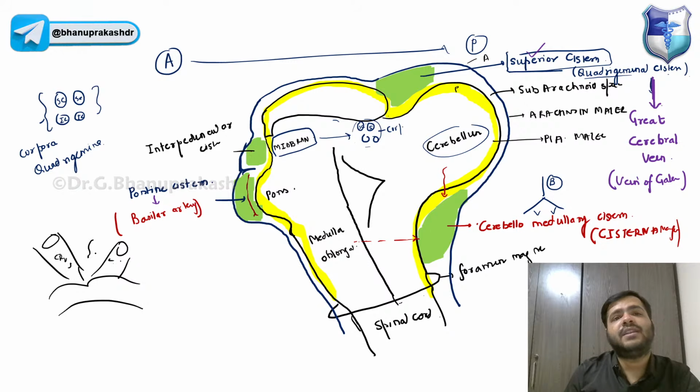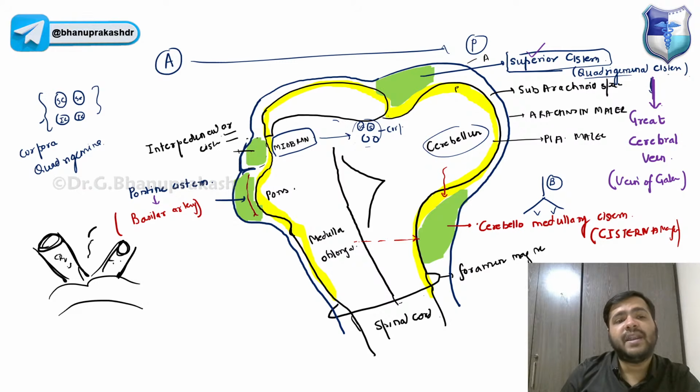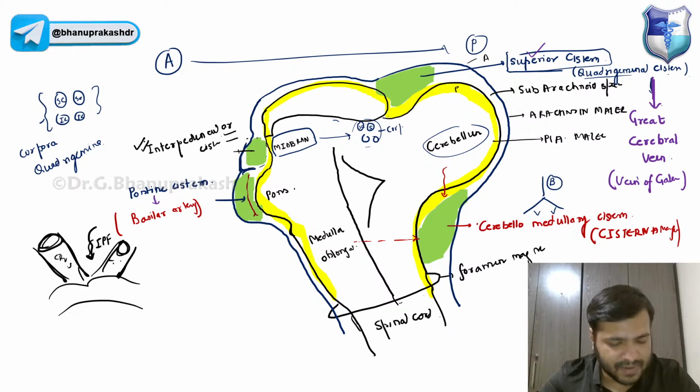In between, we have the interpeduncular fossa, and just in front of that, this cistern is present. That is the interpeduncular cistern, guys. It is between the two cerebral peduncles of the midbrain. We have already discussed this fossa in detail, and this is just in front of it, so that's why it is called the interpeduncular cistern. So that is what you have to remember.